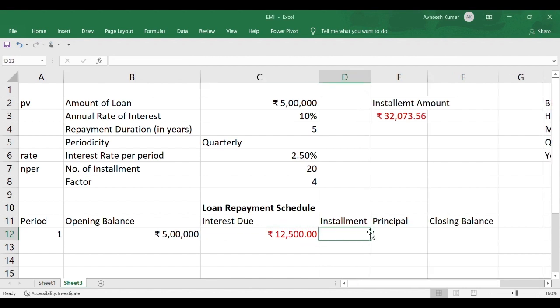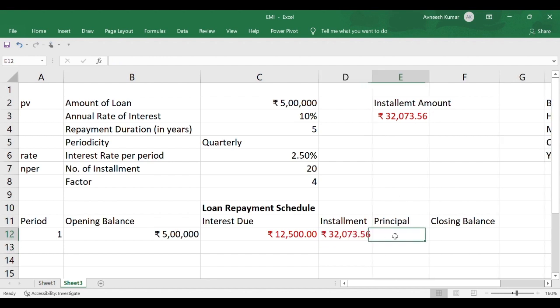Then installment amount would be same as this one. Principal, for principal we may use PPMT, or we can do it by reducing, or just we use the PPMT function.